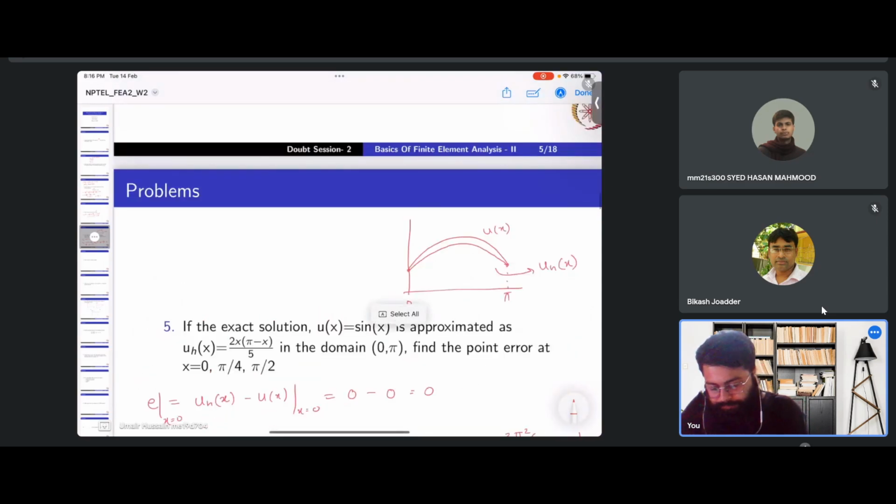So I'll calculate the error at x equals pi by 2, right?